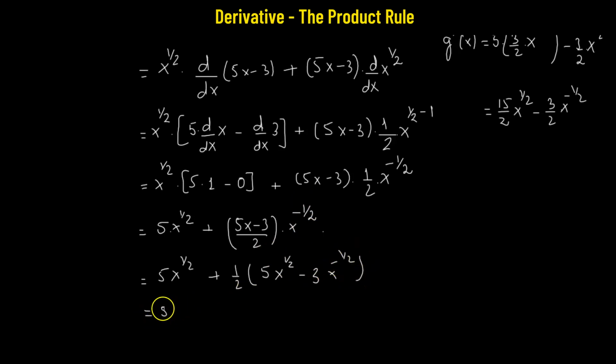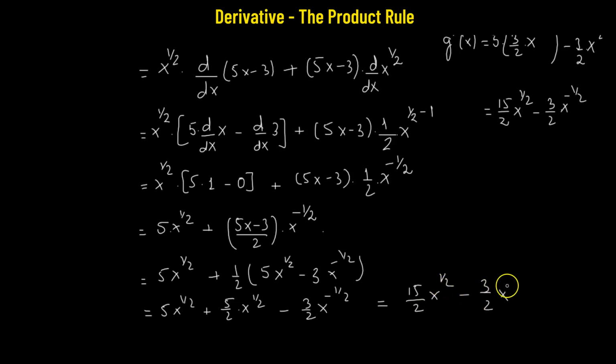So we have 5 times x raised to the power of half plus 5 over 2 times x raised to the power of half minus 3 over 2 times x raised to the power of negative half. So if we add the first two terms, this will give us 15 over 2 x raised to the power of half minus 3 over 2 times x raised to the power of negative half. So this is exactly what we obtain using both the two ways.